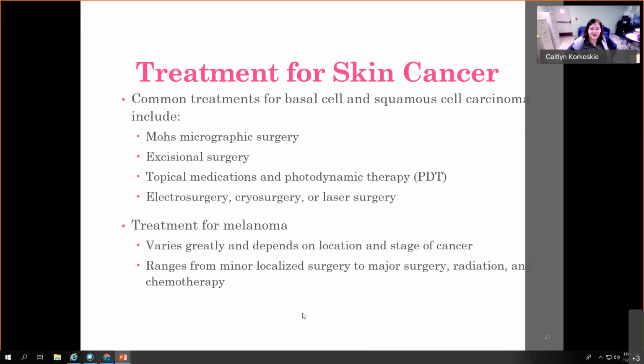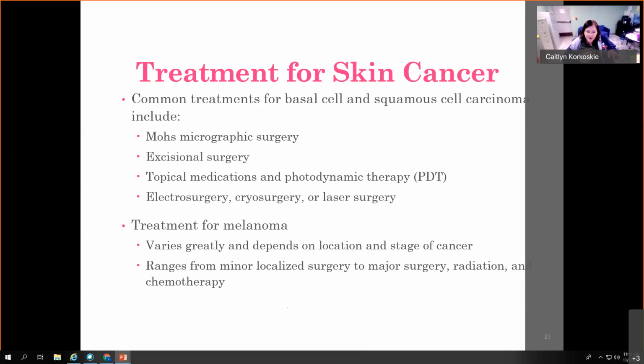Treatments for skin cancer depend on what type of skin cancer we're dealing with. Treatments for basal cell and squamous cell would be what they call Mohs surgery, which is a micrographic surgery. Have you guys ever seen a skin graft where they've removed a very thin layer of the skin?